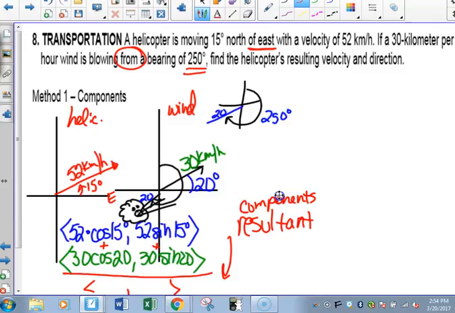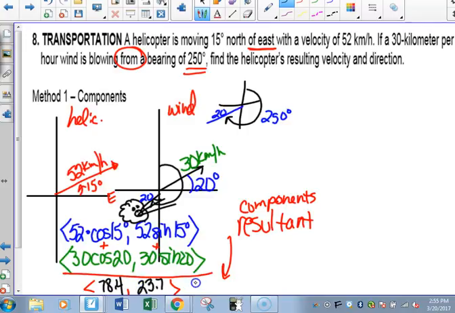So if you type 52 cosine of 15 plus 30 cosine of 20, I got 78.4. Anybody get that for the first one? Yes, degrees. And then 52 sine of 15 plus 30 sine of 20, 23.7.